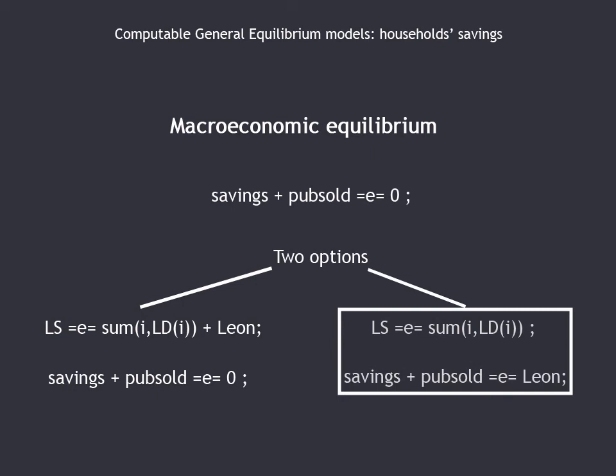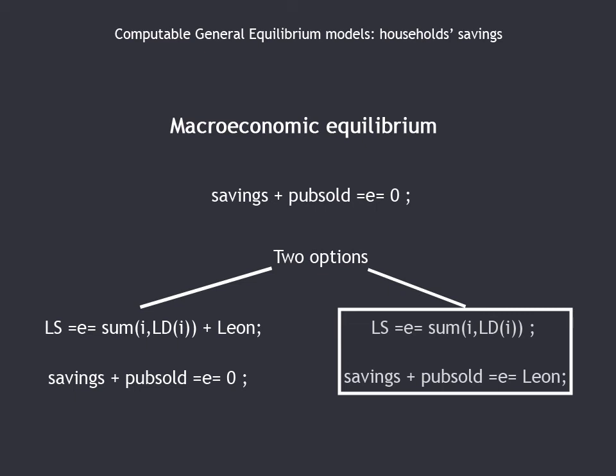But there is a second option, which is we do not have the Léon variable within the labor market equilibrium, which is LS equal to the sum over I of labor demand in sector I, and we put the Léon variable within the macroeconomic equilibrium, which becomes savings plus pub sold equal to Léon.